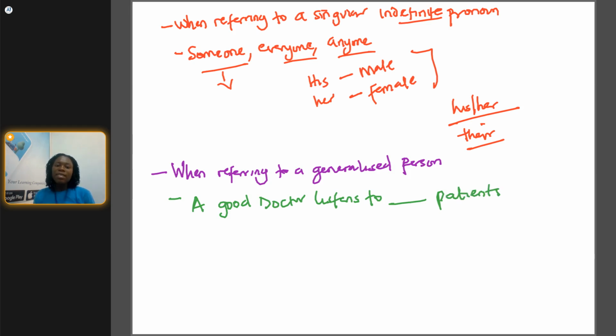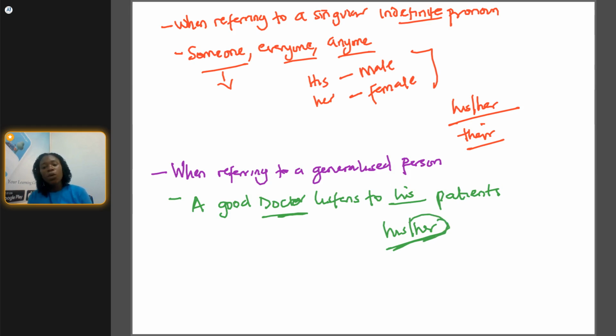So do we fill this in with "is" or with "are"? You don't know, because the word doctor here has been generalized. A doctor could be male or female. So you're referring to a generalized person. If you say a good doctor listens to his patients, you've removed the option of female doctors.